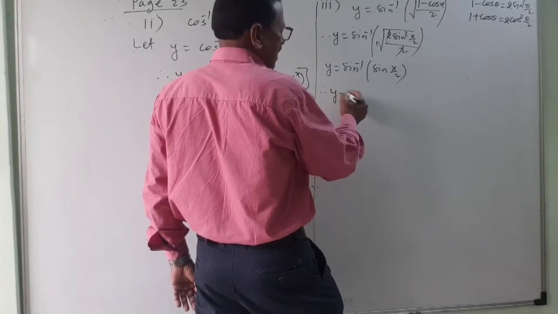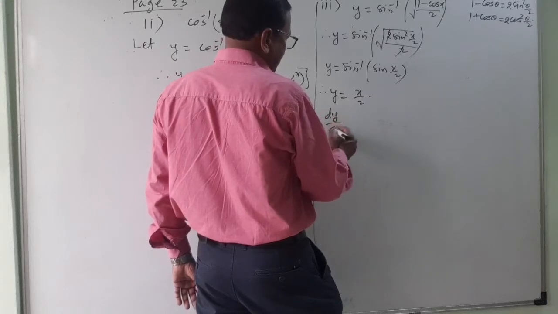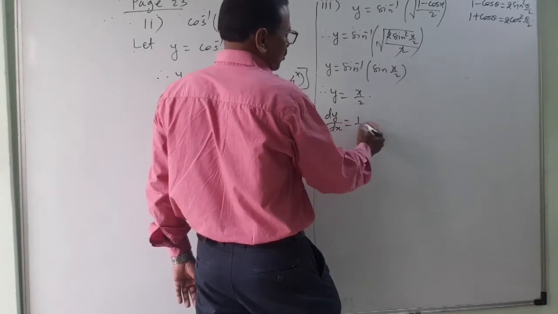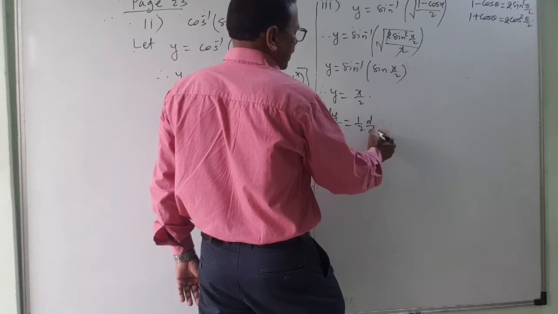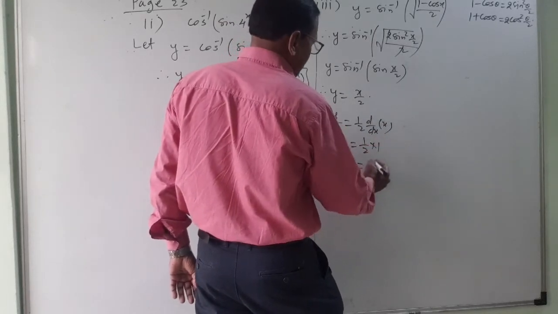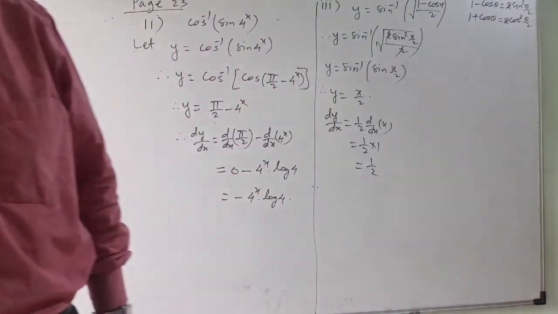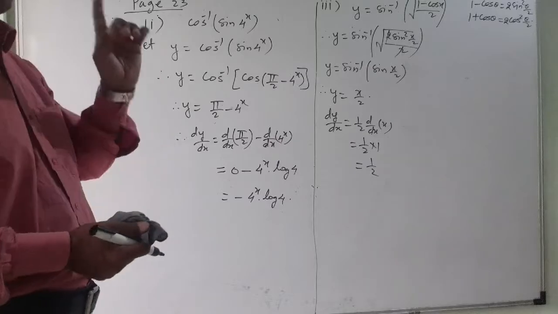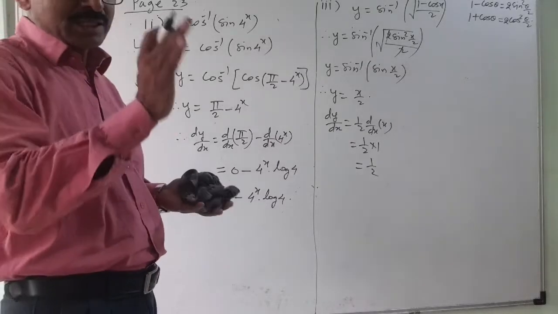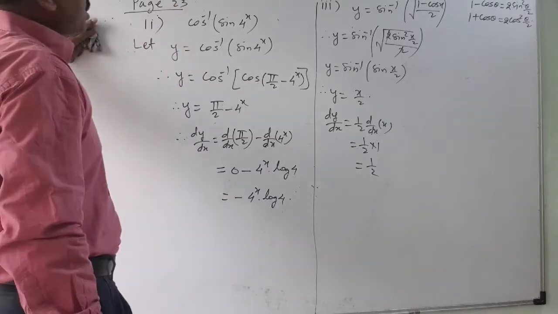Therefore y is equal to sine inverse, sine gets cancelled, and x upon 2. dy by dx is equal to 1 upon 2, the coefficient, into dy by dx of x. That is equal to 1 upon 2 into 1, that is equal to 1 upon 2. Always do all the steps. Don't forget any step, because we don't know to which step the model answers from the board are coming and distributing the marks. So follow this whole practice.